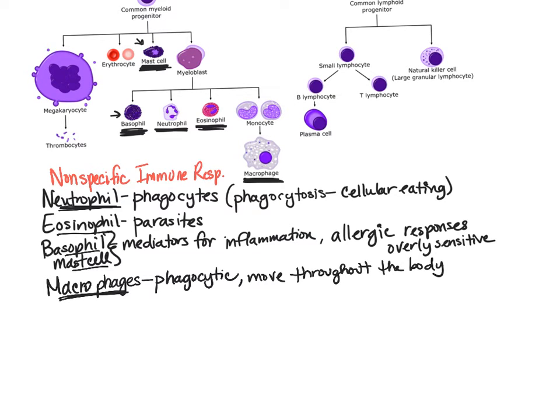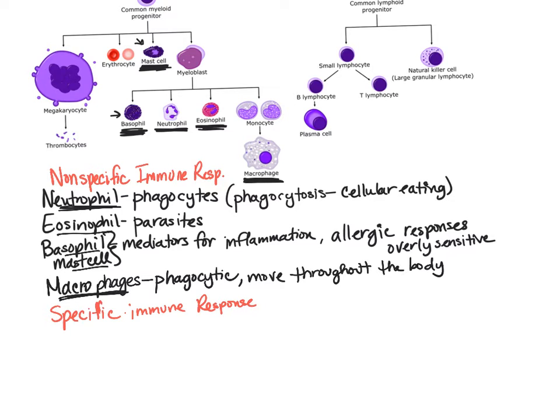We'll talk about this more as we get to the non-specific immune response. But I just want to make that clear, because now what we're going to mention are more related to our specific immune response, with one exception, but we'll talk about that. We'll talk about what non-specific and specific are, but right now I just want to go over the cells and then we'll get into the details.